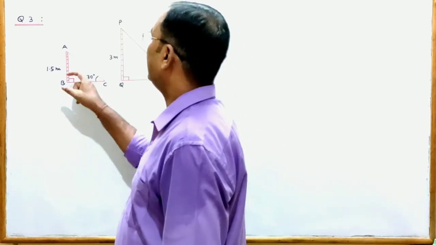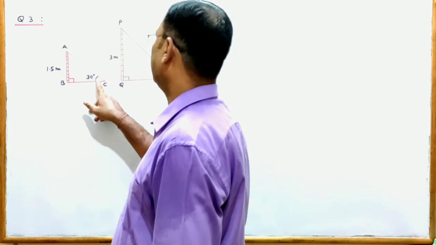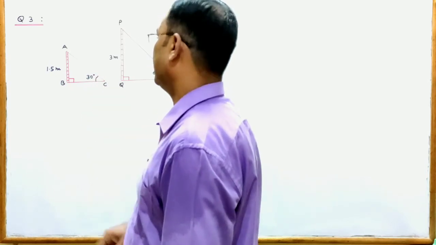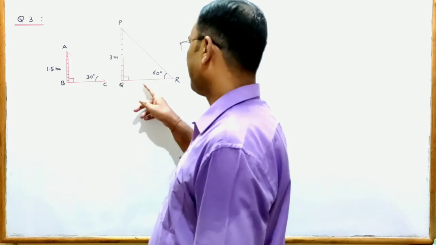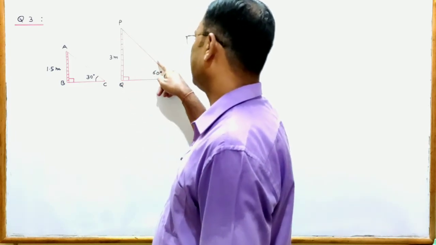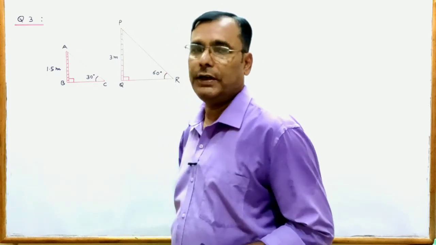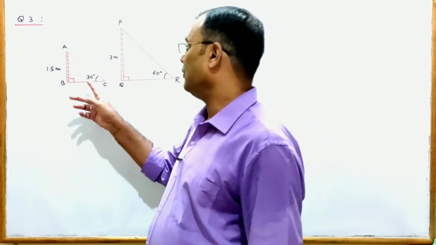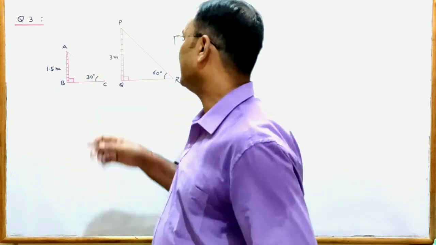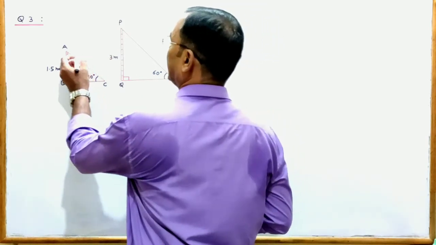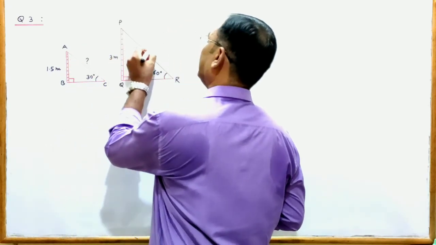In first slide, height is 1.5 meter and slide is inclined at 30 degree with the ground. Second slide, height is 3 meter and slide is inclined at 60 degree with the ground. We have to find what should be the length of slides in each of the 2 cases. That is, we have to find AC and PR.